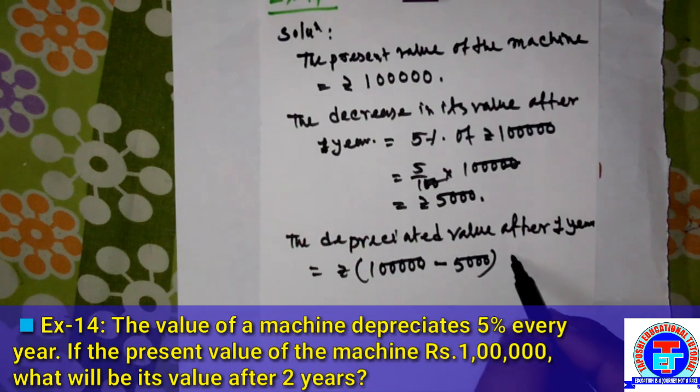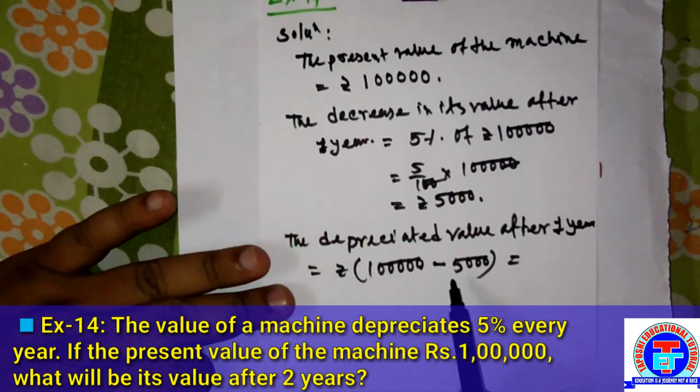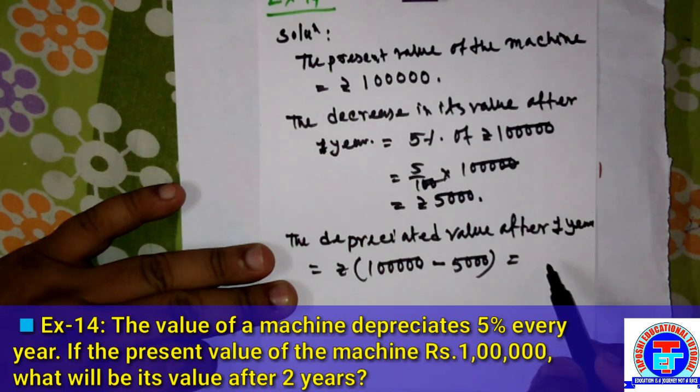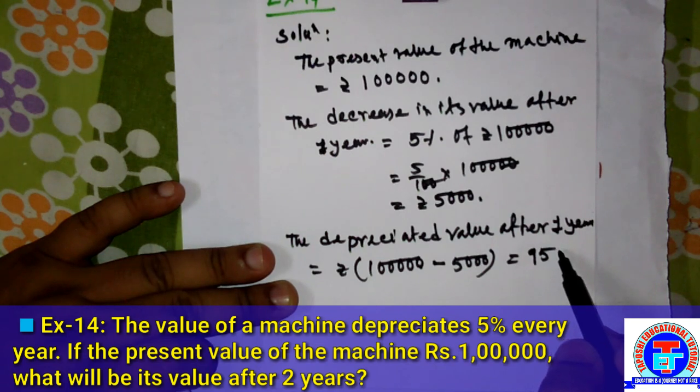It will become, now subtract this one, this one will be 95,000. Right. 95,000.